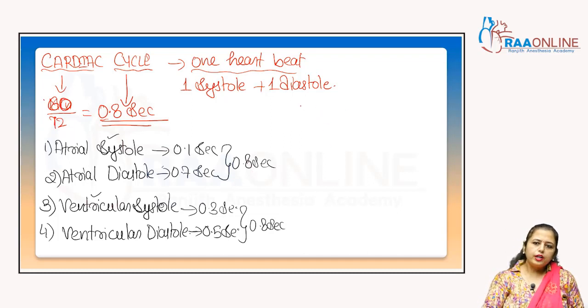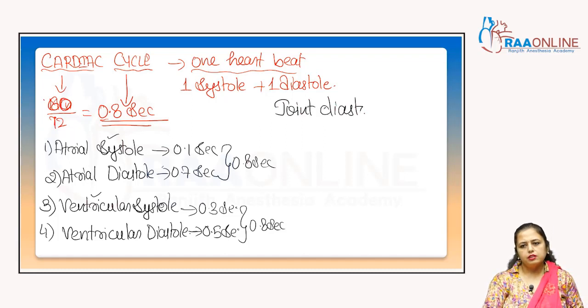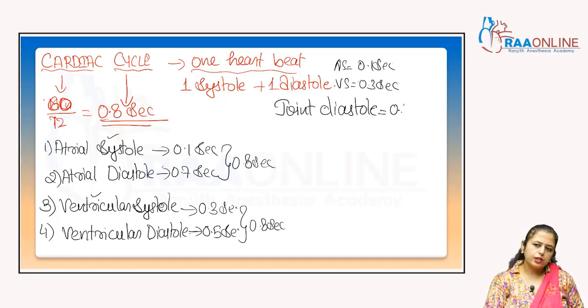So the joint diastole is the longest phase of the cardiac cycle. Atrial systole is 0.1 second, ventricular systole 0.3 seconds and joint diastole 0.4 seconds.